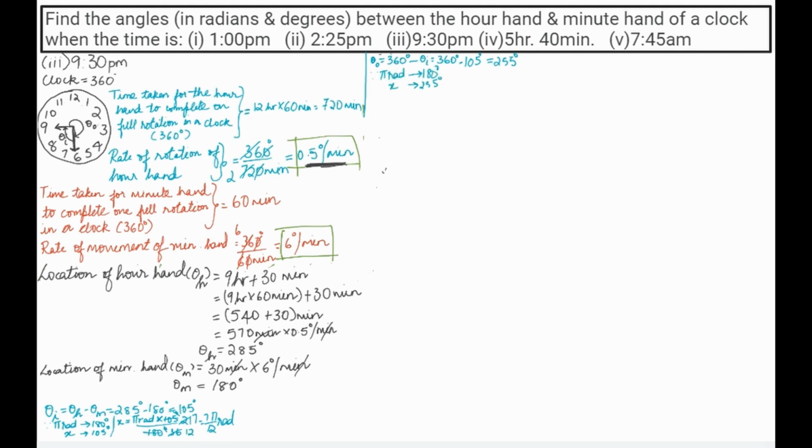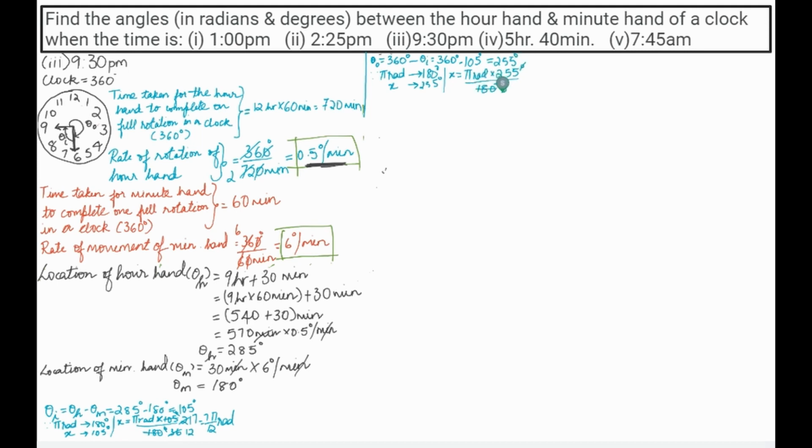Let this be x. So we get x is equal to pi radians into 255 degrees divided by 180 degrees. Degree unit and degree unit cancel out each other.